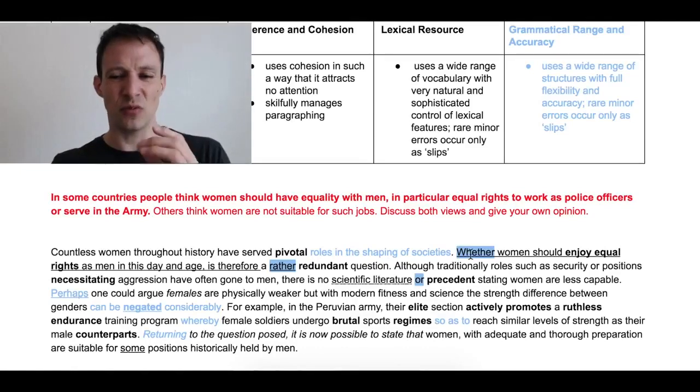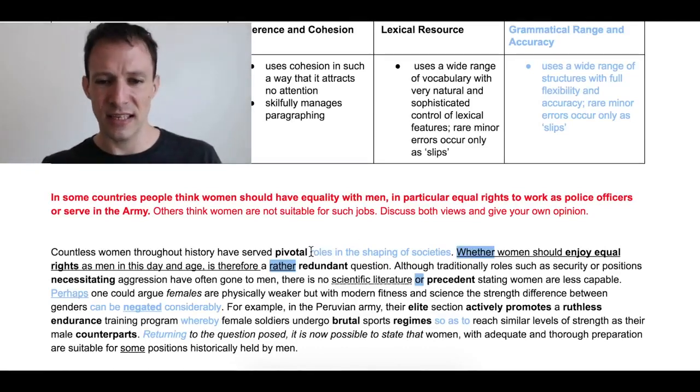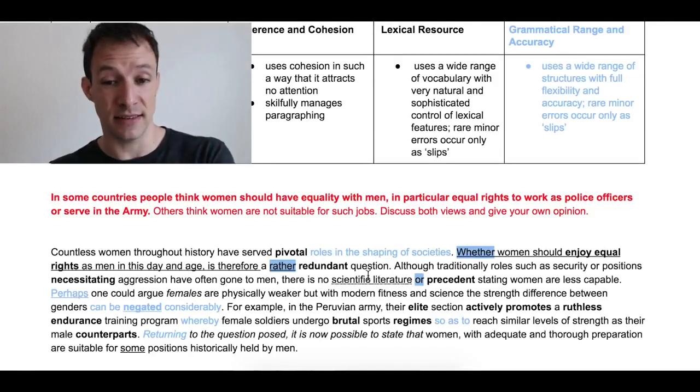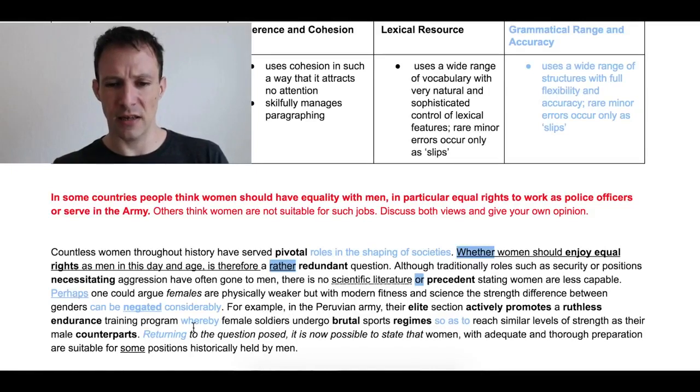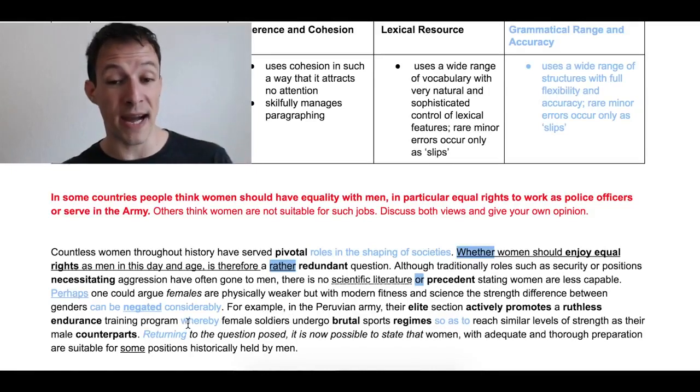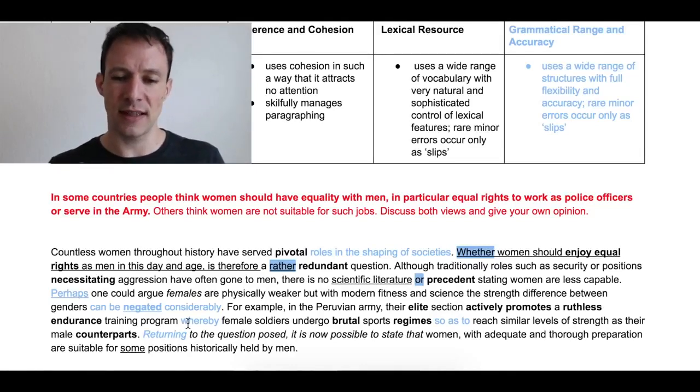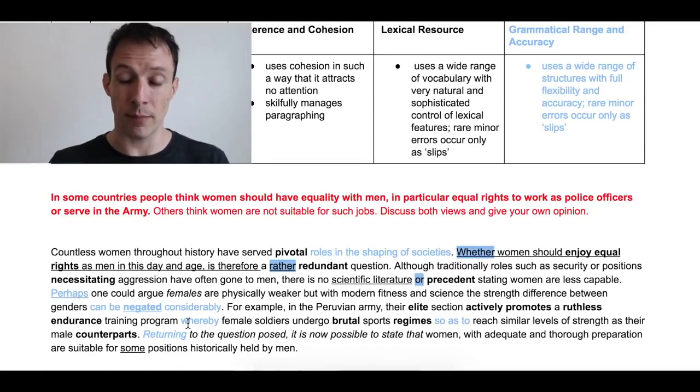So here I've used whether instead of if. Here I've said pivotal roles in the shaping of societies. I'm using structures such as whereby. So we're just using these different structures to boost our score, and it's not the same grammar structure throughout the paragraph.